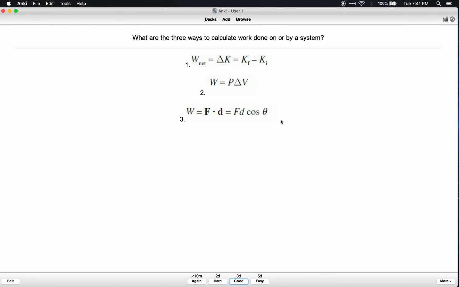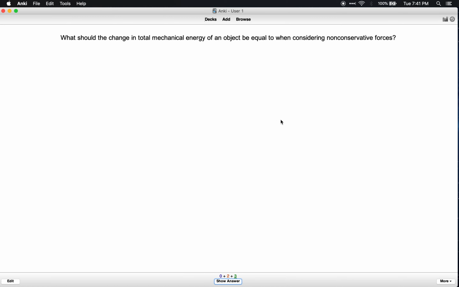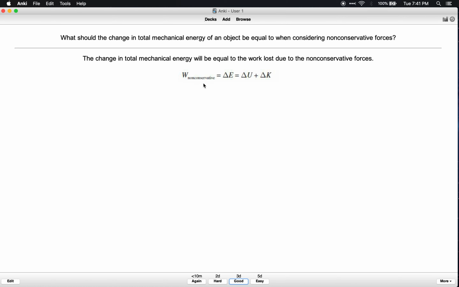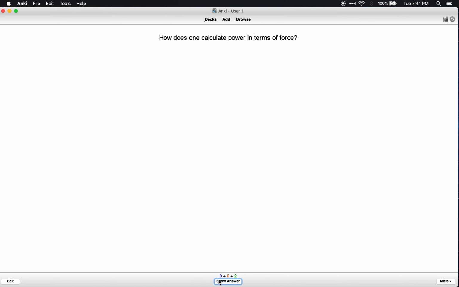Work equals P delta V. Work equals F d cosine theta. And work net equals delta KE, or if you're considering non-conservative forces, work net equals delta E, which equals delta KE plus delta U. Power in terms of force: power equals force times velocity cosine theta.